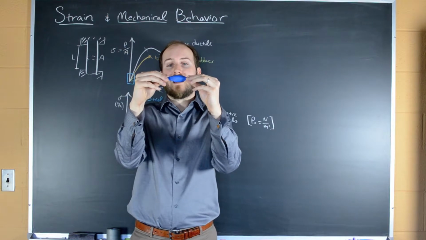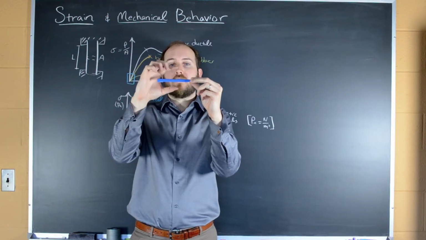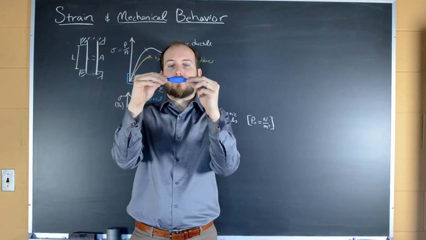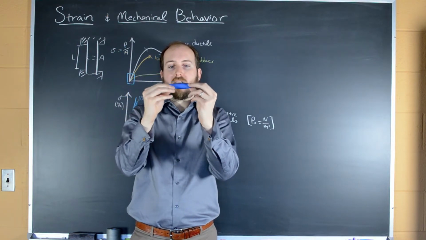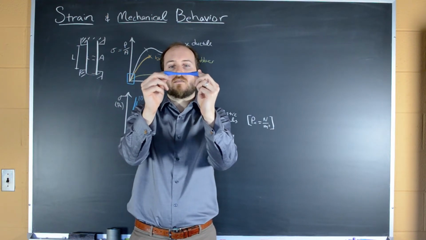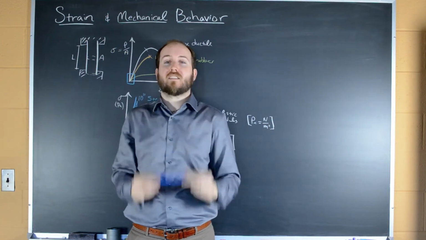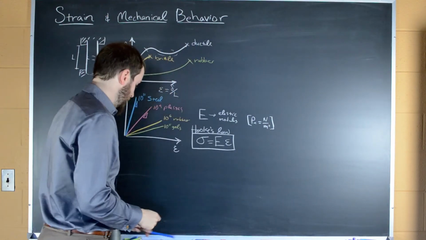As I compress it, it gets shorter in this direction, and in each other direction, it gets longer. And you can see this in action in the other way too. As I pull it, it starts with an initial radius, and that radius gets smaller as I elongate this.